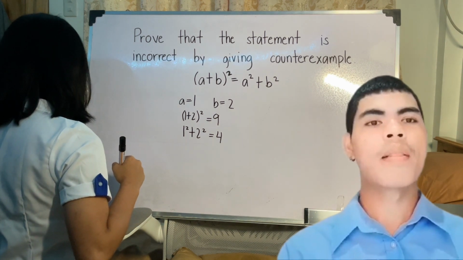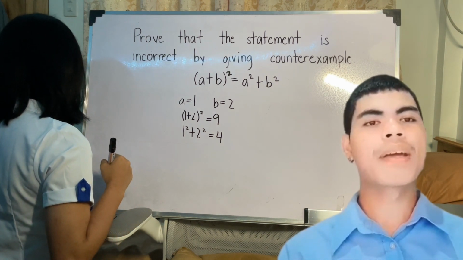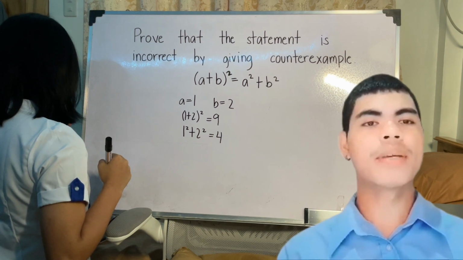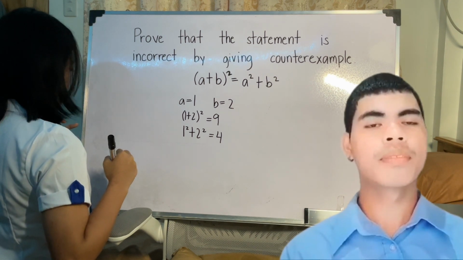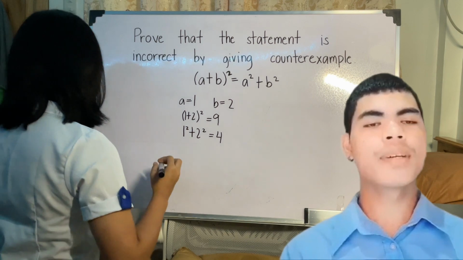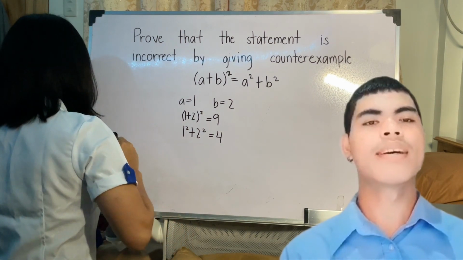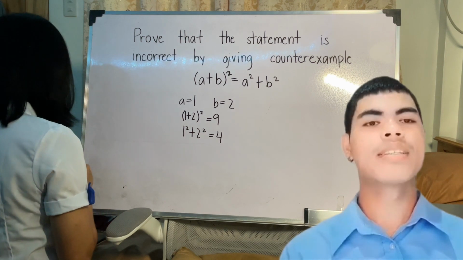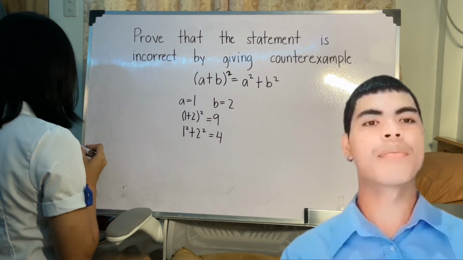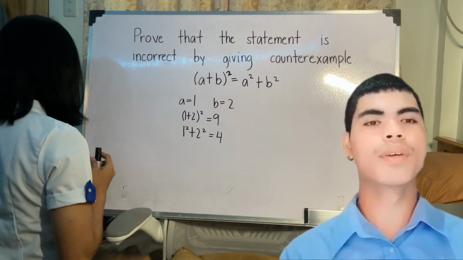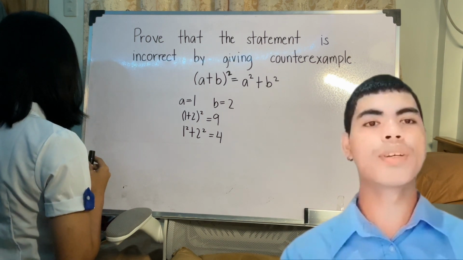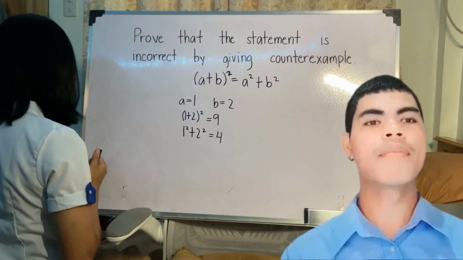Then, for a squared plus b squared, a squared is 1 because 1 squared is 1, and b squared is 4 because 2 squared is equal to 4, and 1 plus 4 is equal to 5.